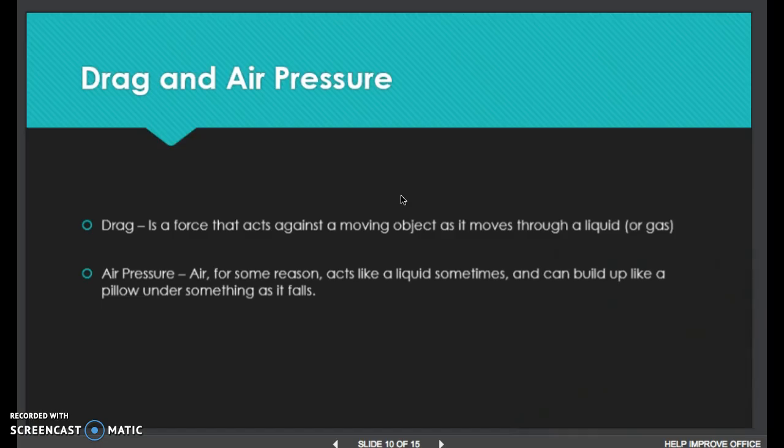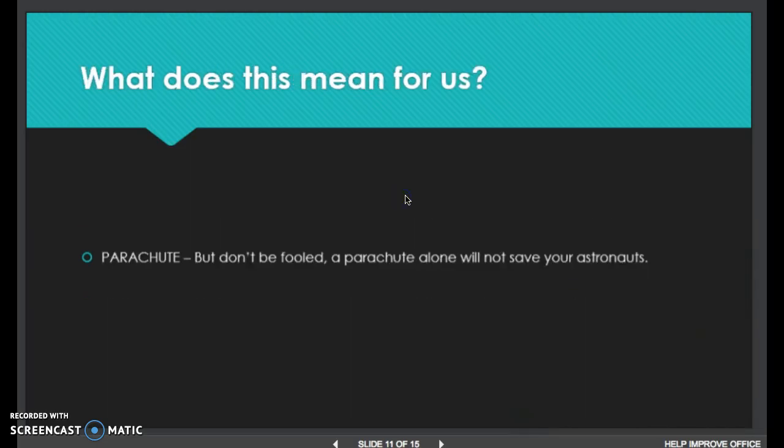So you can introduce things to increase this force of drag and prevent all of that kinetic energy from transferring directly into speed, right? So if you make use of drag and air pressure, you can slow down that energy transfer from potential to kinetic and slow down and save your egg.